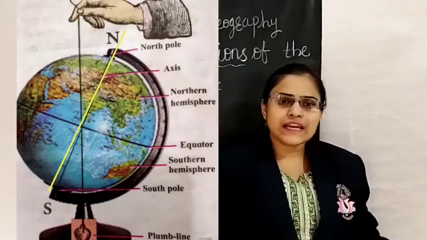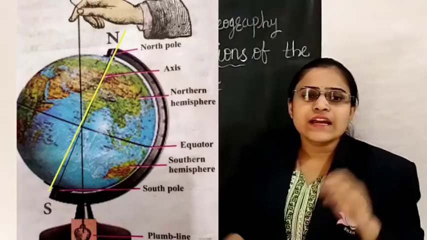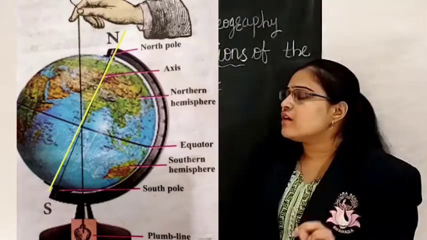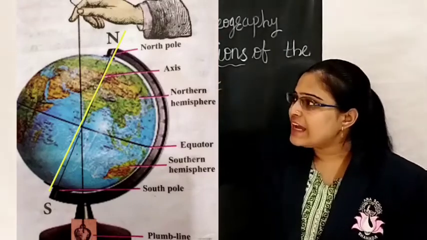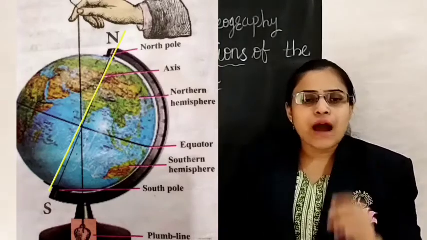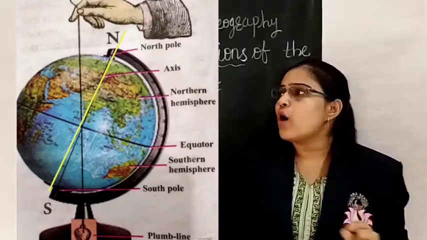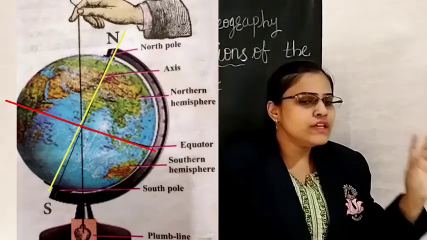The line NS in the picture shows the earth's axis. It passes through the center of the earth.